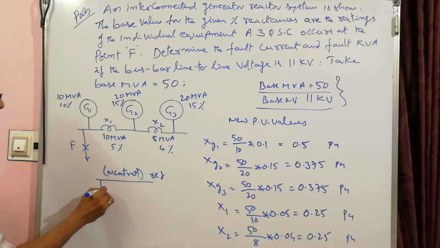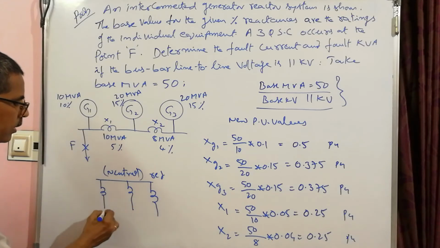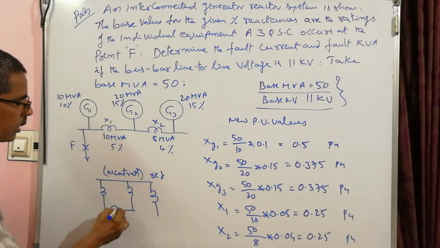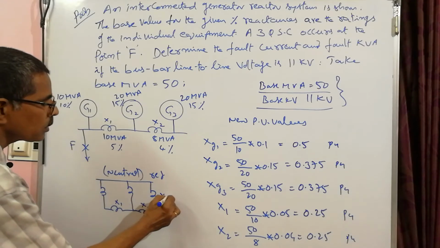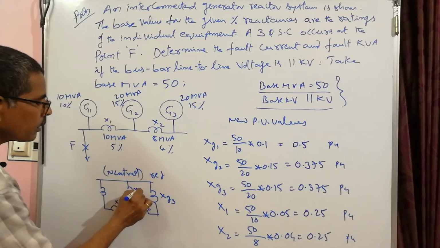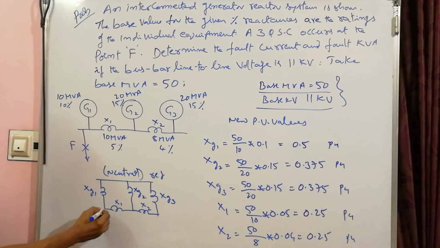Then generator 1 reactance, generator 2 reactance, generator 3 reactance. Here is an interconnected X1, another X2. So this is Xg3, Xg2, Xg1. The equivalent reactance diagram I am just drawing. This is the fault.